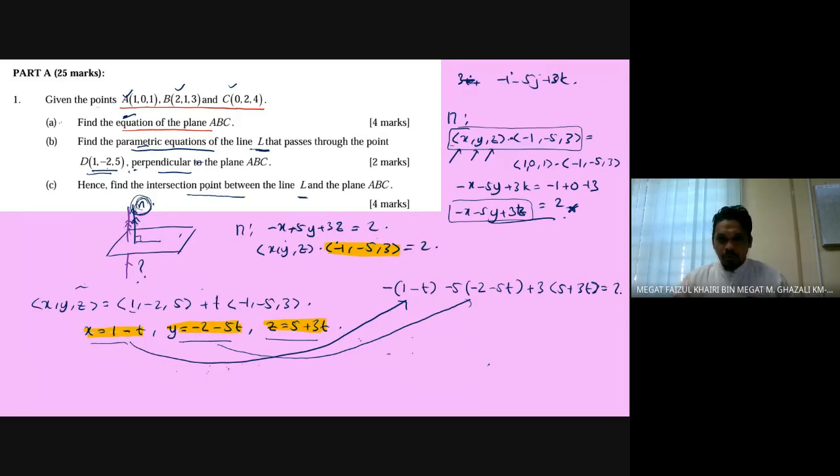Negative x minus 5y plus 3z equal to 2, so this is substituted here. Negative x minus 5y plus 3z, where z is 5 plus 3t.